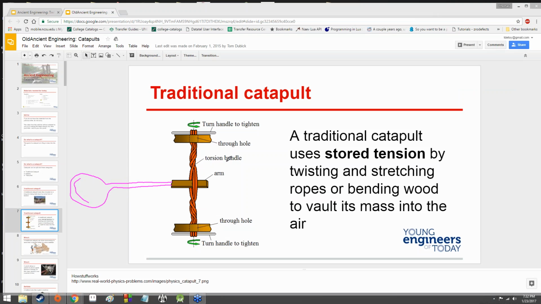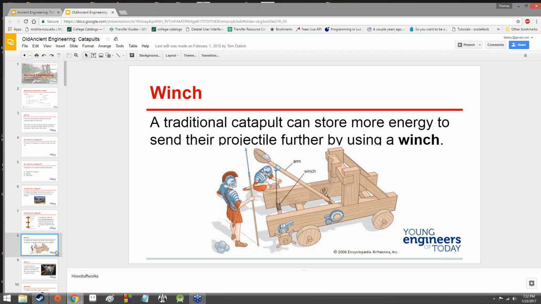So essentially, it stores up a whole bunch of tension energy. And then when you release it, all this stuff spins like crazy fast, releases all that energy, the bucket goes up, and the stuff gets launched. In essence.